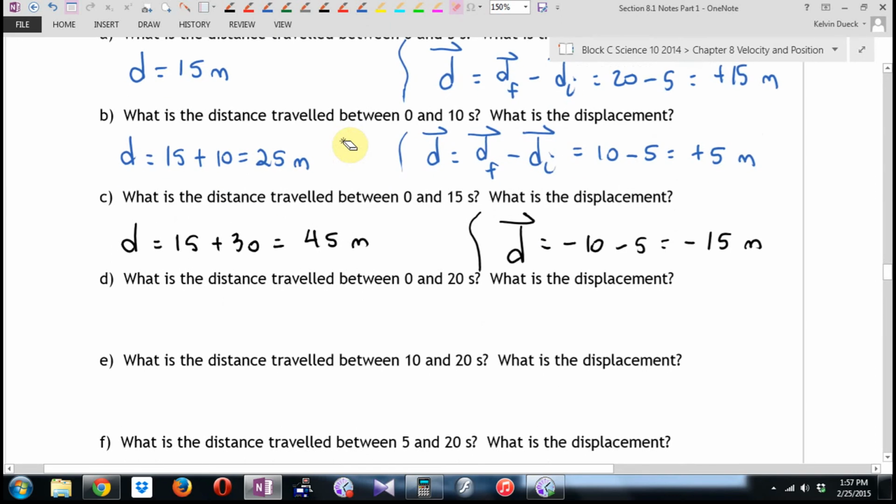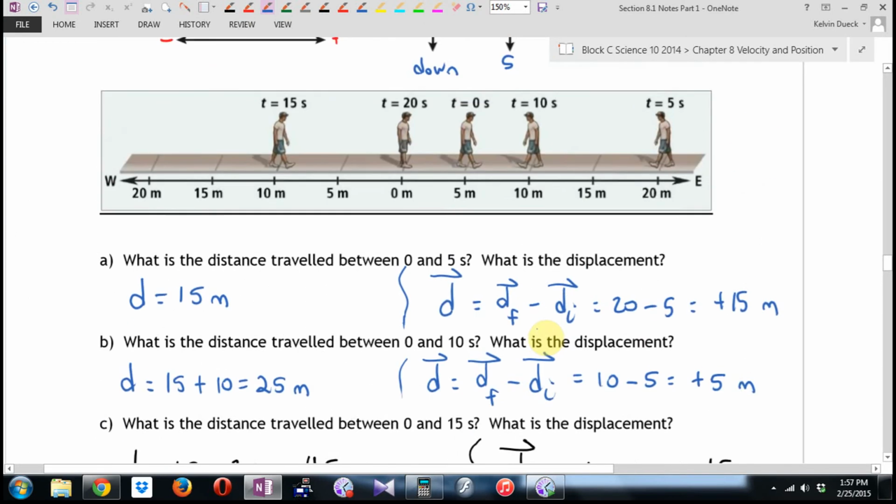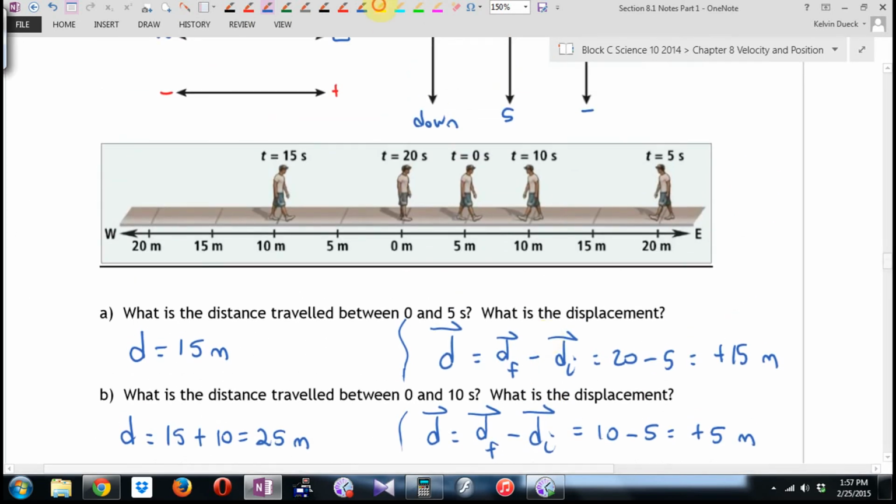Hey, let's keep going. Between 0 and 20 seconds, I want the distance. I want the displacement. Hey, try this one on your own. I'll give you a hint for the distance. I think it's that.